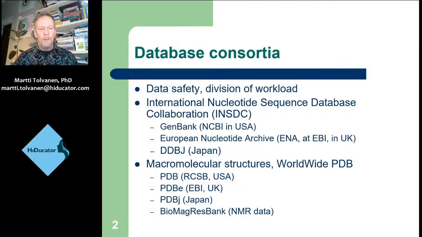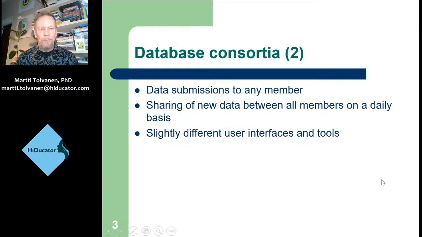A similar collaboration exists between the PDB sites on 3 continents. The sites are slightly different even if the data is the same, so you might look around if you become a regular bioinformatician and see which site you like for particular services.